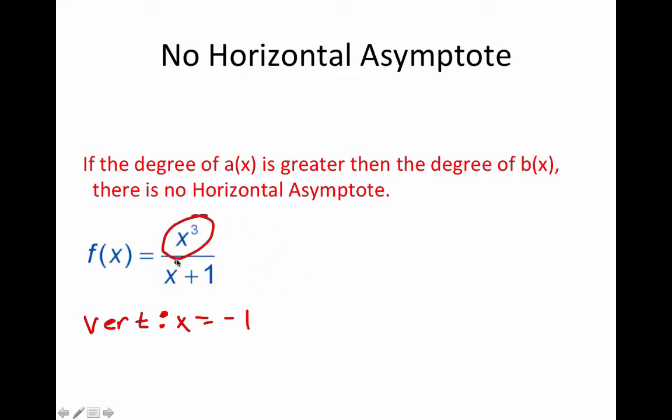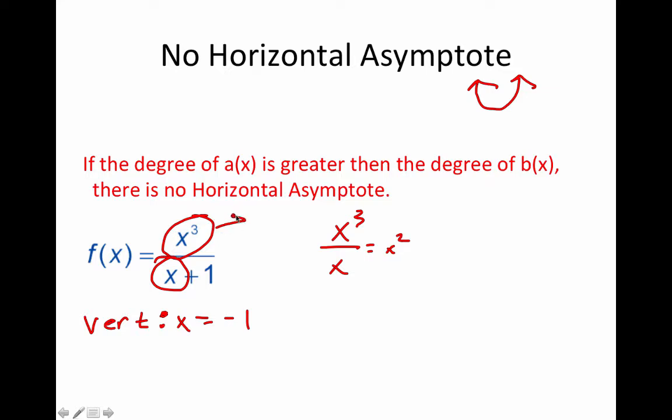Horizontal asymptote. Look here, look here. This degree is bigger than that degree. What I like to do is kind of simplify it down, and I get x squared, right? And does y equals x squared have a horizontal asymptote? Nope.